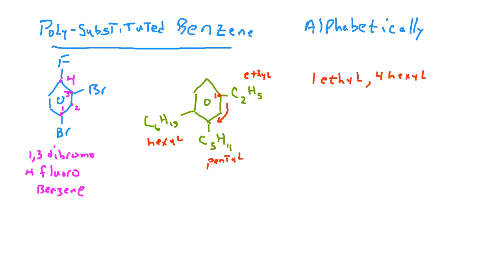But if I count clockwise, then I get a 3-pentyl. So this would be carbon 2, carbon 3, carbon 4. If I went counterclockwise, it would be a 5-pentyl. So this is lower. And then this would be benzene. See, we just do it alphabetically, and then find which direction. So 1-ethyl, 4-hexyl, 3-pentyl benzene.